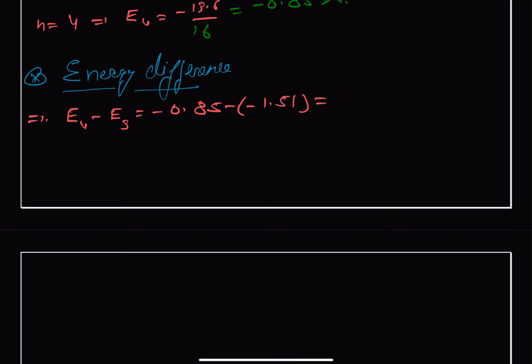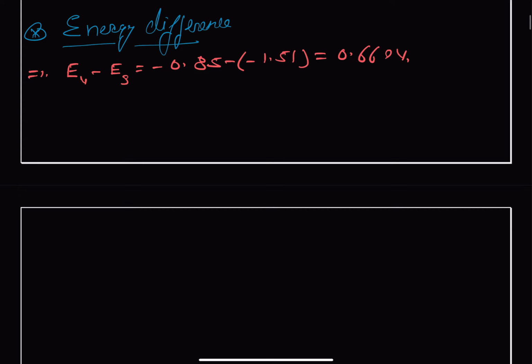This will come as 0.66 electron volt. Next we can find E4 and E2, that will be minus 0.85 minus of minus 3.4, giving us 2.55 electron volt.